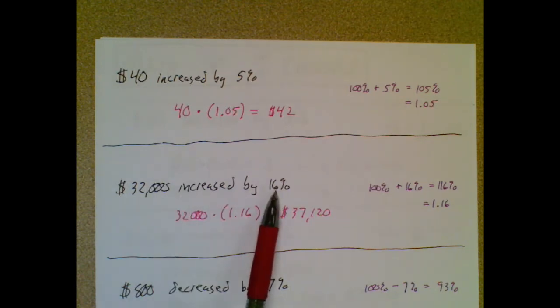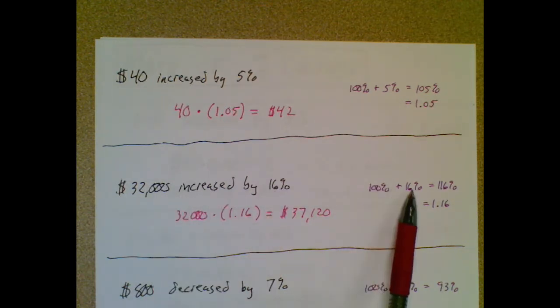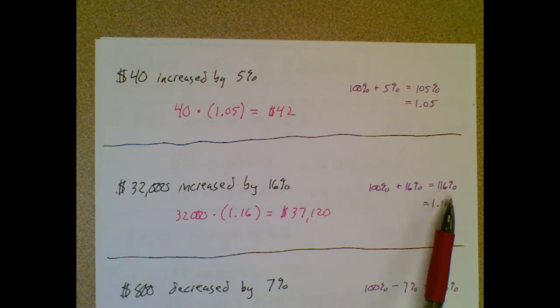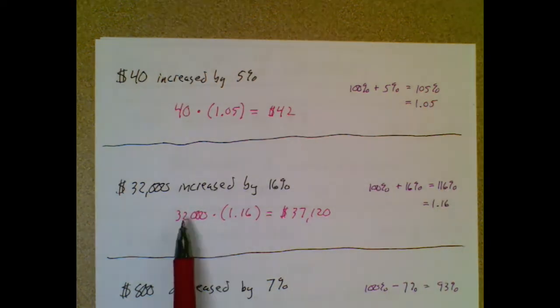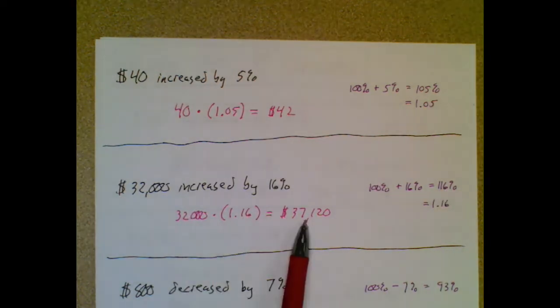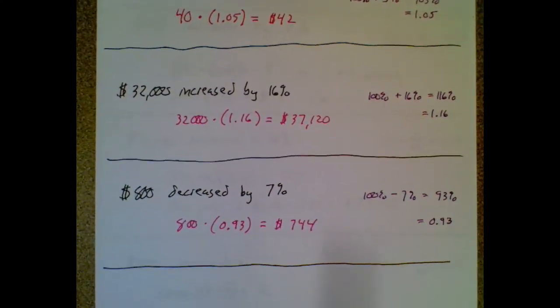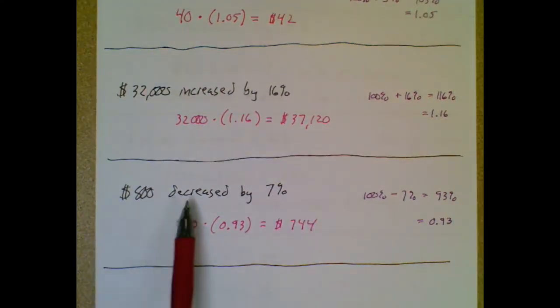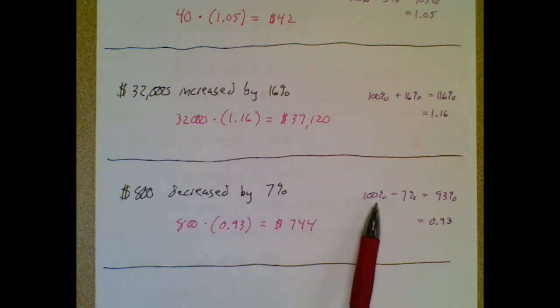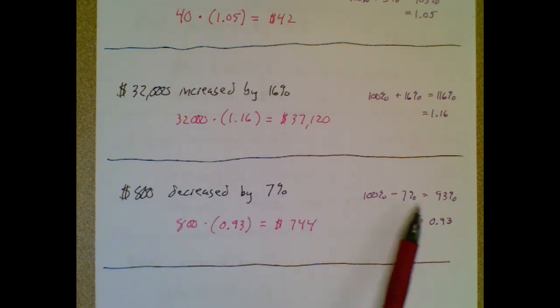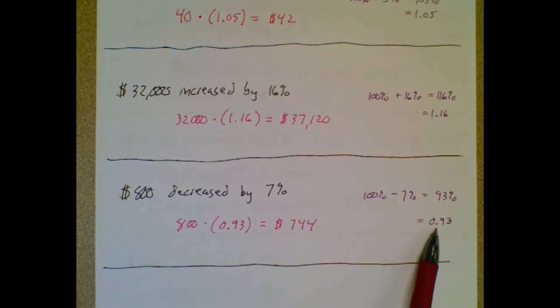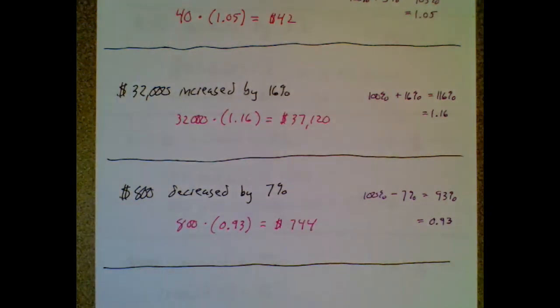Increase by 16%. 100% plus 16% is 116%. There it is as a decimal. 32,000 times that. Boom, you're done. It's kind of just a shortcut of the steps I showed you originally. 800 decreased by 7% means 100% minus 7%. 93% as a decimal. 800 times a decimal. Boom, final answer.